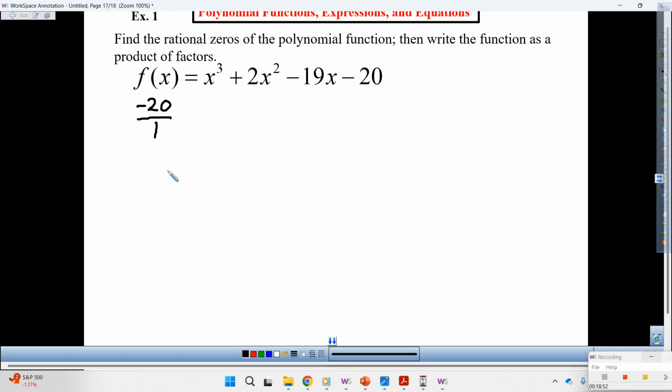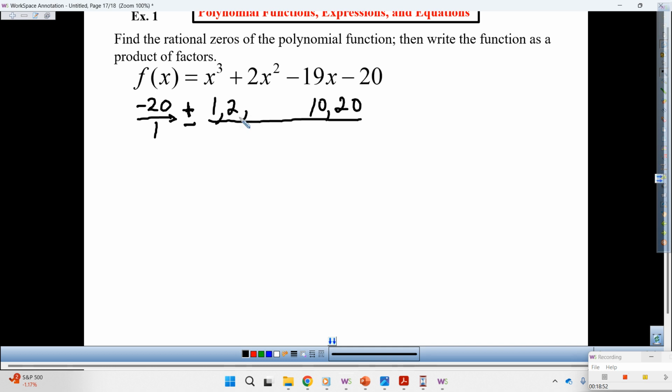Step 2. We're going to find all factors of those two numbers. And I want you to put plus, minus, and I'll address that in a little bit. Put plus, minus, and I'm going to start with the numerator. 20. What two numbers multiply to give me 20? Well, 1 times 20. What else? 2 times 10. What else? 3 times nothing.